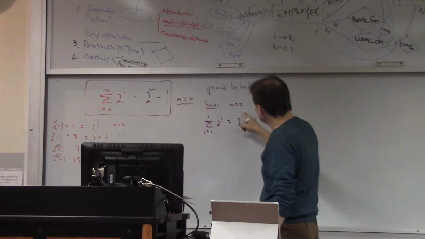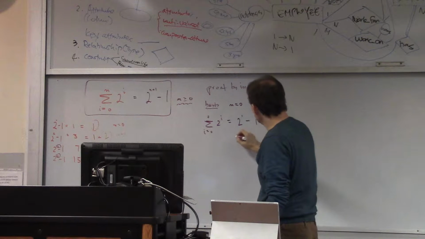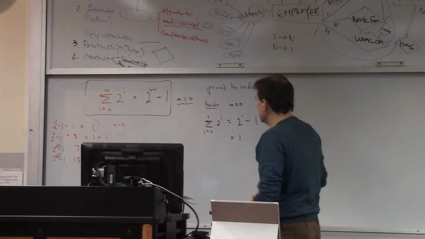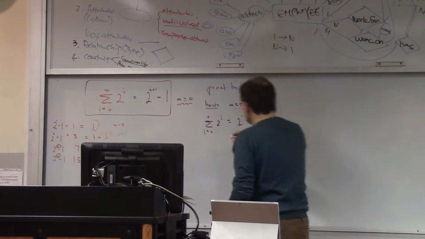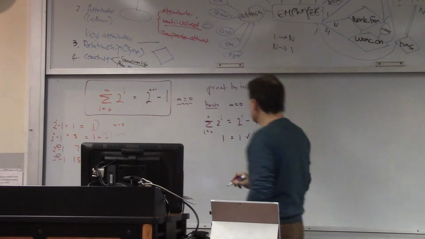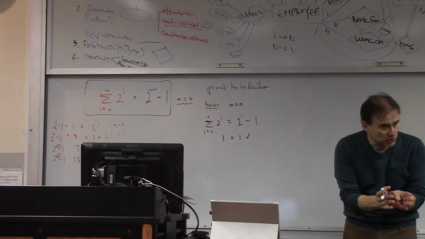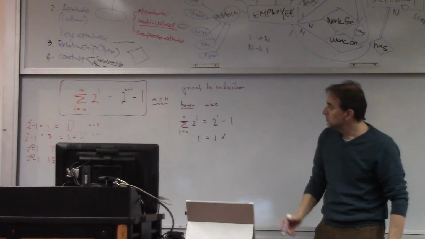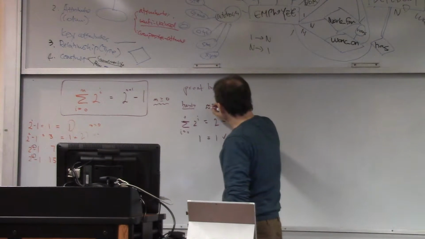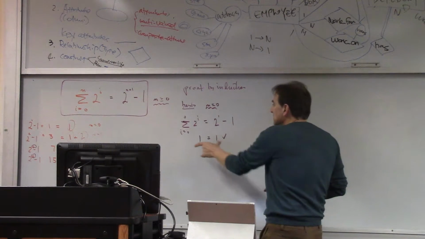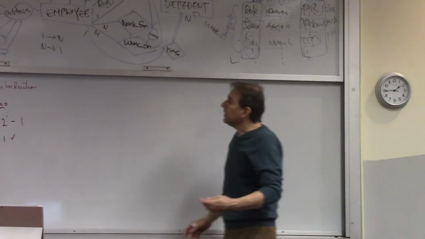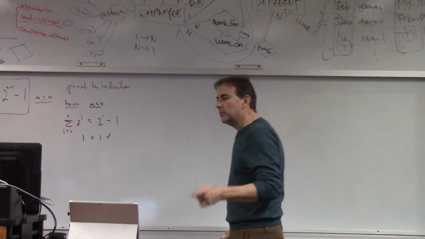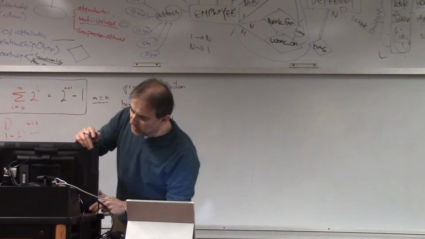Well, 2 to the 1 is just 2, minus 1 is just 1, and the summation of one term, 2 to the 0, is equal to 1. Notice that I made a substitution for all the n values to show that when n is equal to 0, this means this, and it's true. That's it. Make sense?